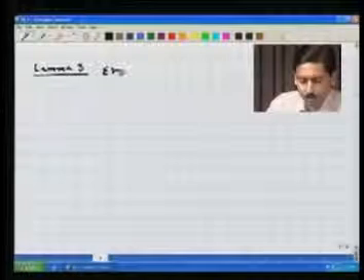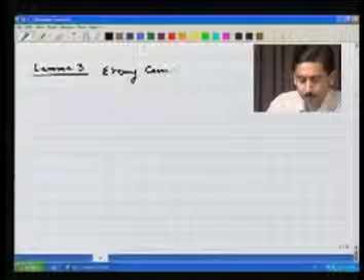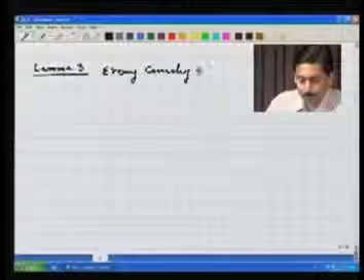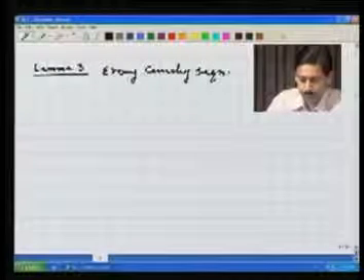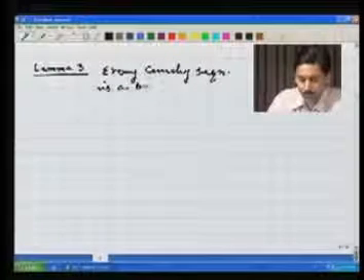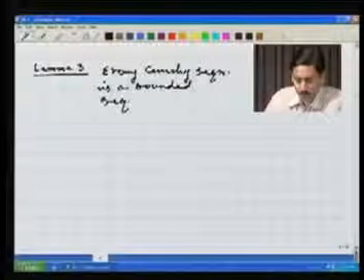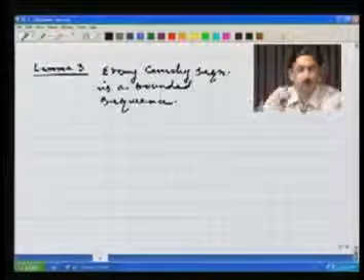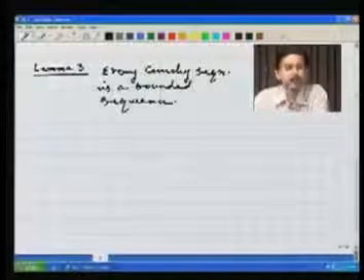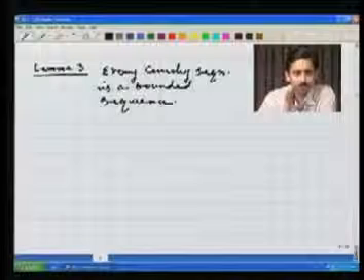Every Cauchy sequence is a bounded sequence. See, this kind of a lemma is highly expected just because of the following fact.